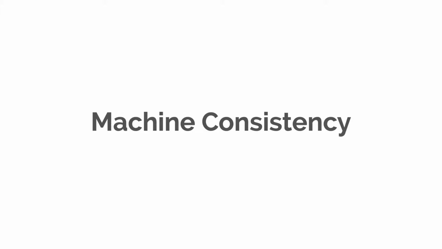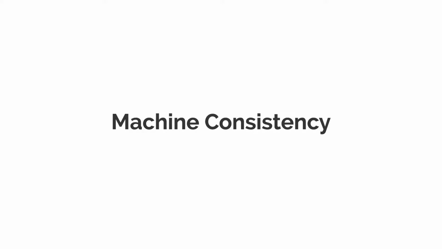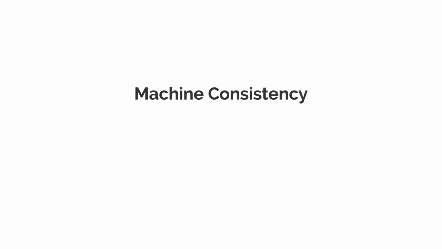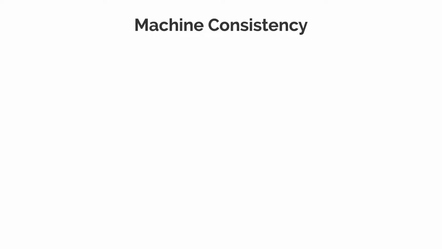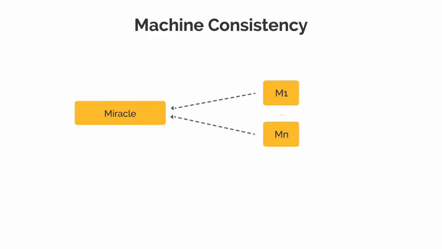So if we have such a problem in our project, one possible scenario is that we have an abstract machine like our miracle machine, which has unfeasible properties, but we base our further development on that miracle machine. We provide machines that see that miracle machine, and then we implement these machines.